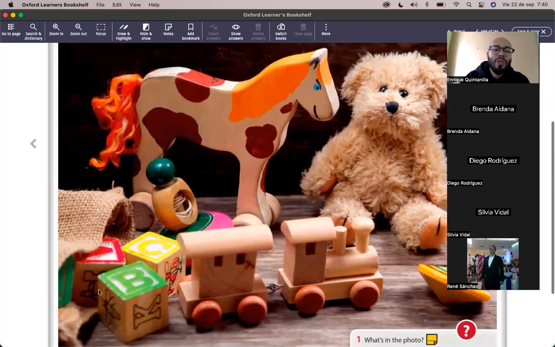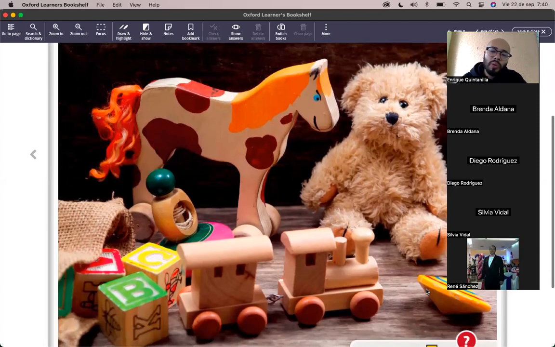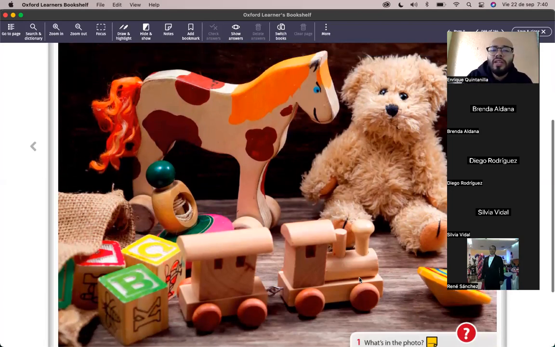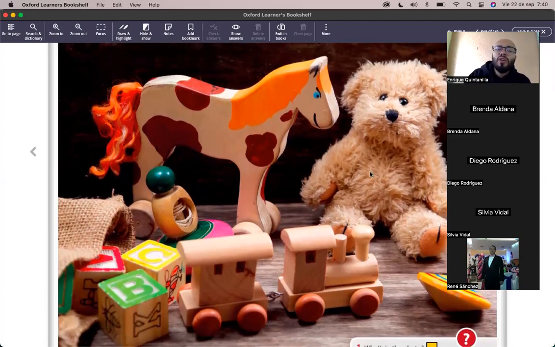We have some cubes, alphabet cubes. We have a train. We have like trompos, but they are not trompos. I think they're called spinners. Creo que se llaman spinners. Más o menos como los trompos. What was your favorite toy, guys?